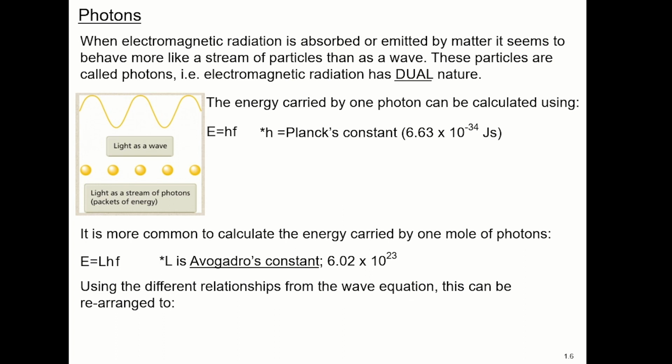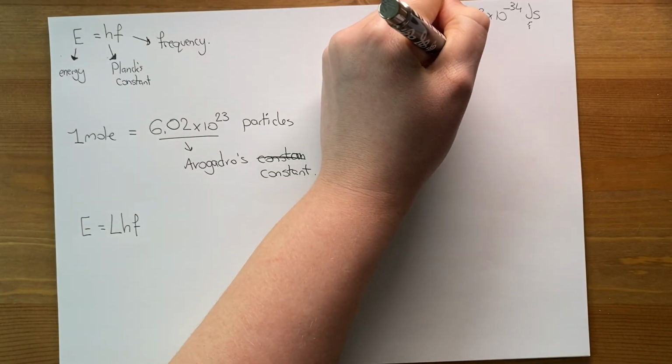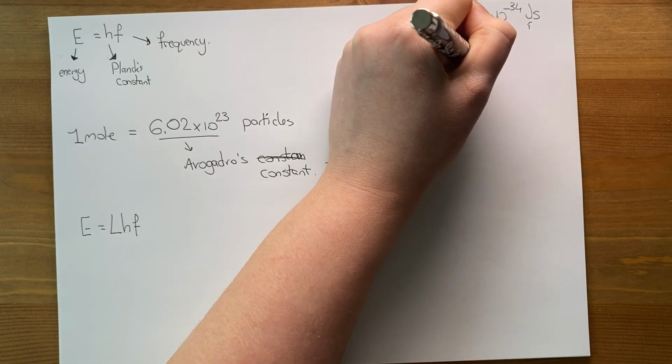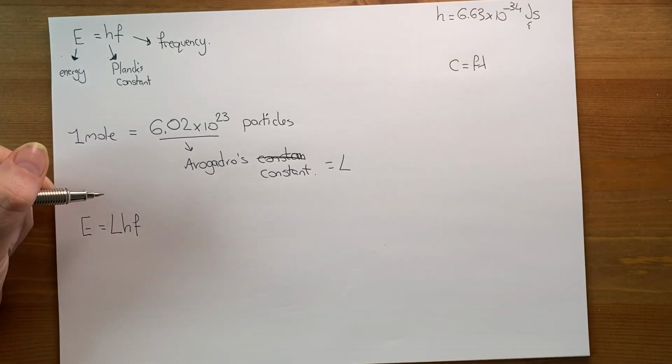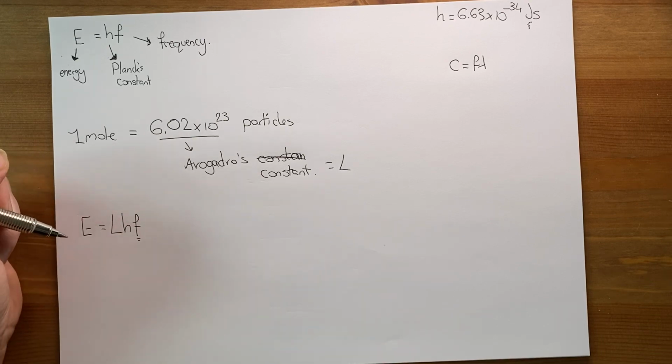So far we've looked at the relationship between light, frequency and wavelength. We've then looked at how we can calculate energy from frequency and how we can calculate energy for 1 mole of those photons. The reason that I gave you c equals f lambda before is because what if I want to know the energy for 1 mole of photons, but I don't know the frequency?